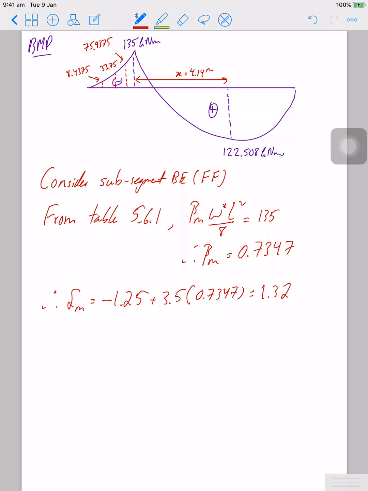If you do the alpha M using the formula from clause 5.6.1.1, you'd get 1.43, and you can see they're not too different, so you can use either.